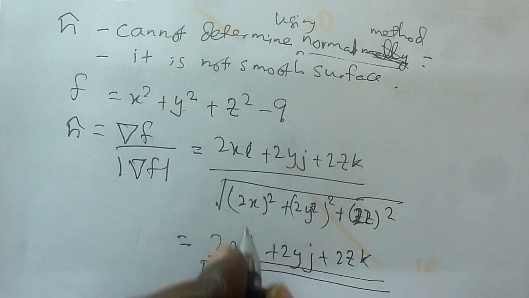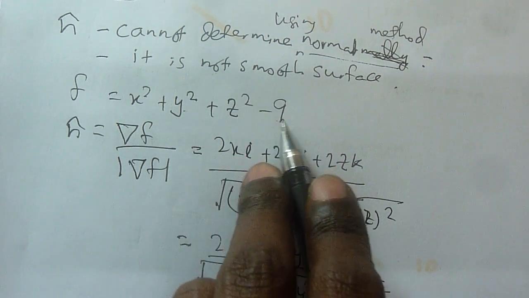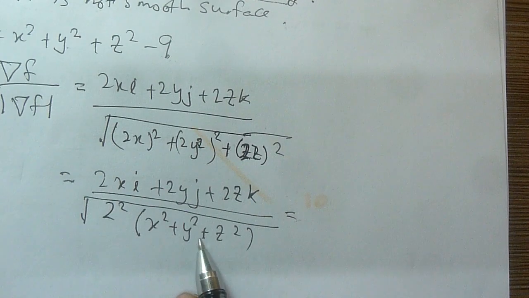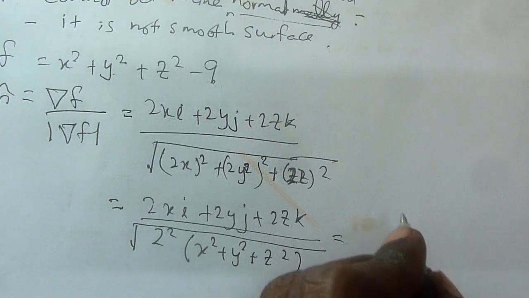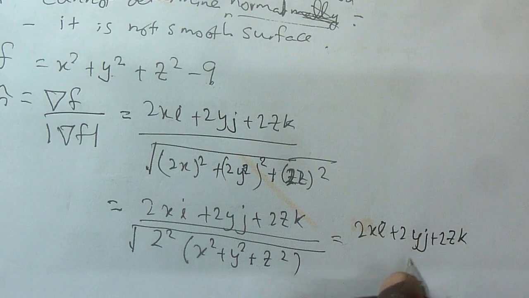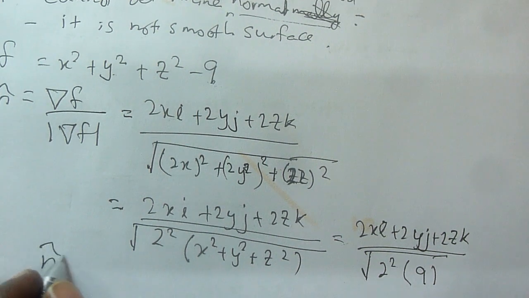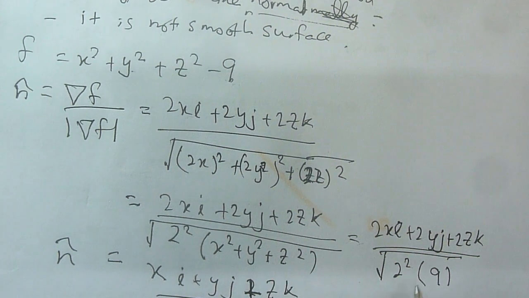Sometimes students get confused about how to handle this part. Again, x² + y² + z² is 9. Therefore, when you solve this, the unit normal n equals the gradient divided by its magnitude: (2x i + 2y j + 2z k) divided by 2 times 3. Now you should be able to handle this: (x i + y j + z k)/3. What happened to the 2?